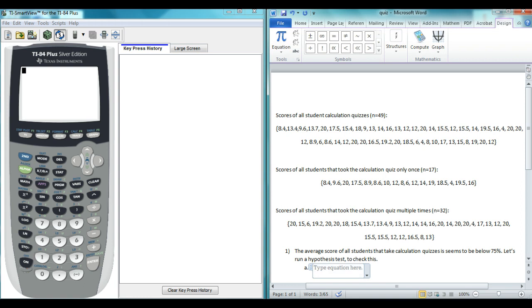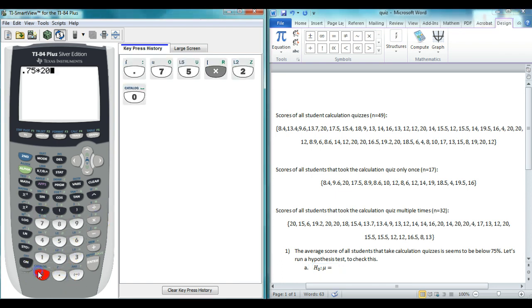So H sub 0 would be the hypothesis that the actual average mu equals 75%. On a test, let's see, our quizzes are out of 20, so 75% of 20 would be a 15.